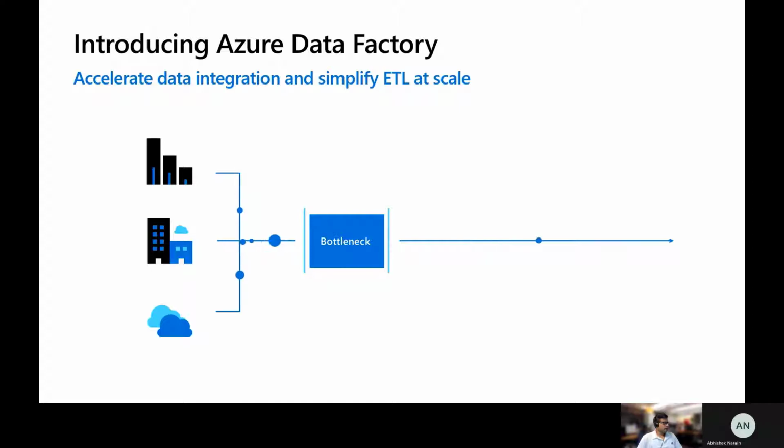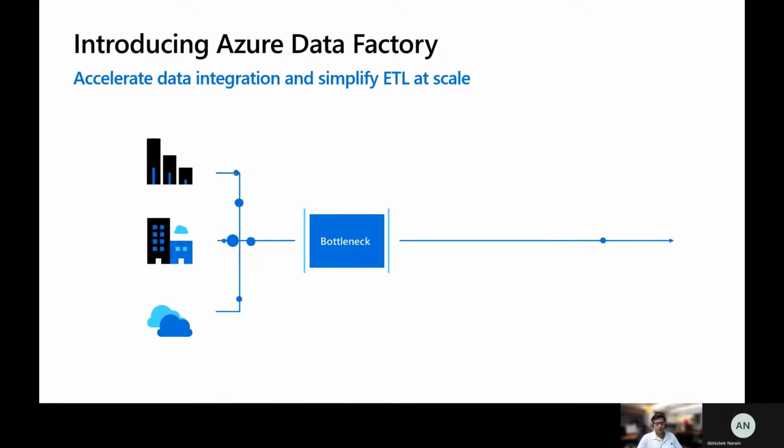So the typical challenge, as you see in this picture, is while you're ingesting data, especially in the world of big data, where data is flowing everywhere, in social media, in business applications, in databases, and you want to aggregate this data, maybe join, cleanse it to start making sense out of the data.